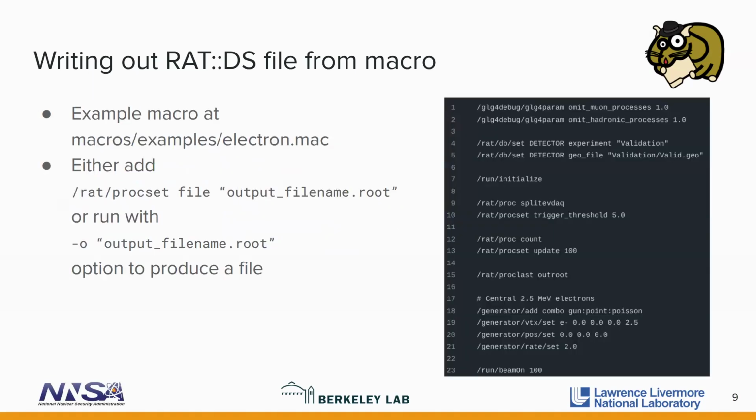So in ratpac, there is an example that we've seen before already, just simulating electrons. If you want to try simulating this and looking at a ROOT file, you can either add an additional line to define the file name or run with the -o option to produce a specific file name.